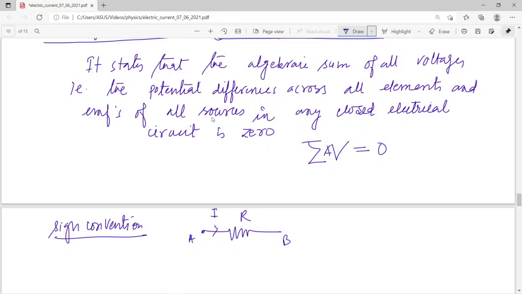That means we are traveling in that particular direction, and ΔV is taken as IR. If this is point A and B point, there is a resistor R, and the current direction is this, we are traveling from A to B, then ΔV is taken as IR.